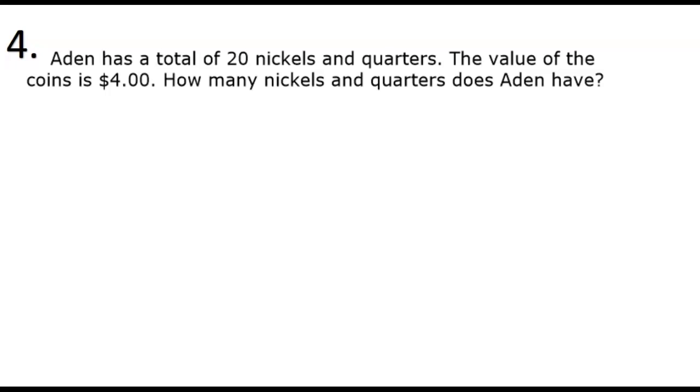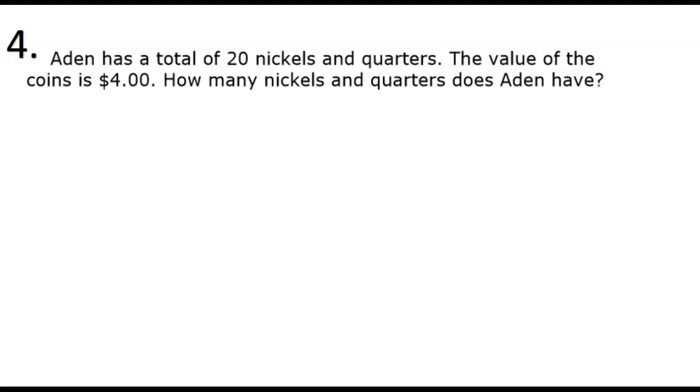And then I have to distribute. So I have to multiply that. So this is going to be 0.05 times 20. What's that? That's 1.